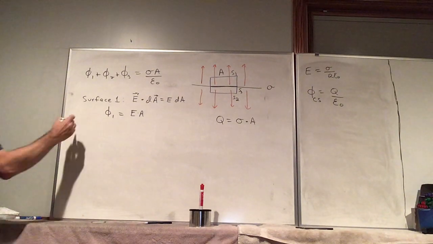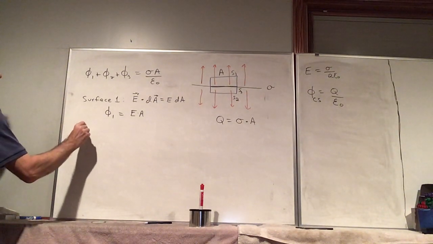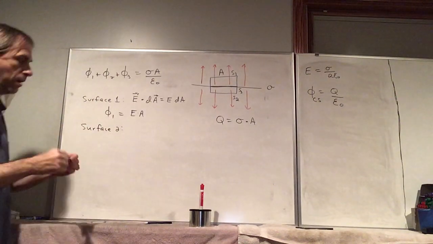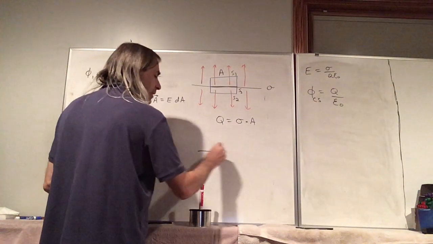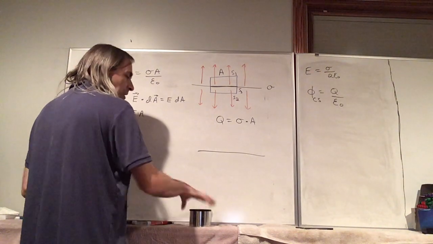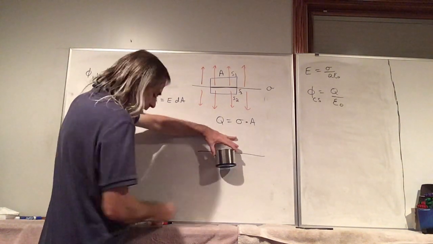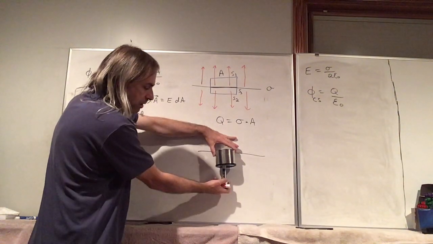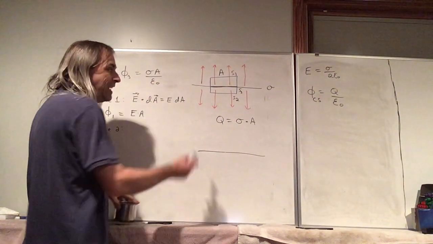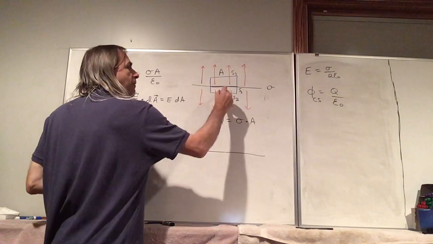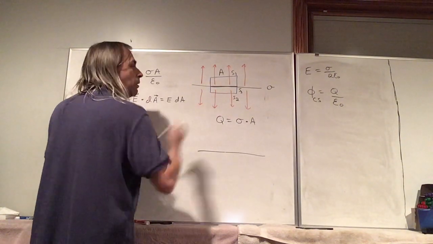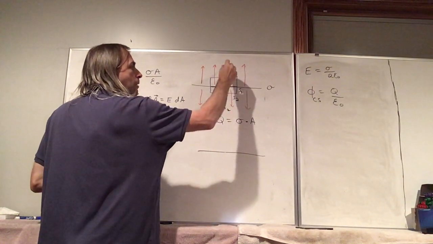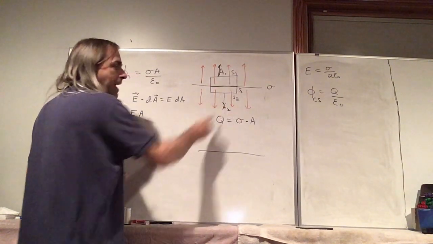So let's look at surface 2. Here, let's say this is our surface. Here's the part of the cylinder below. And again, the electric field is like this. The normal vector, remember, points outwards. So the area vector here, let's call that, say, A1 and A2.